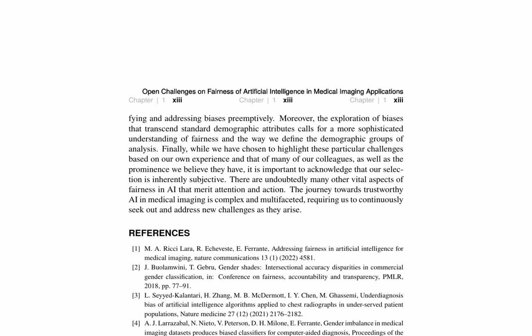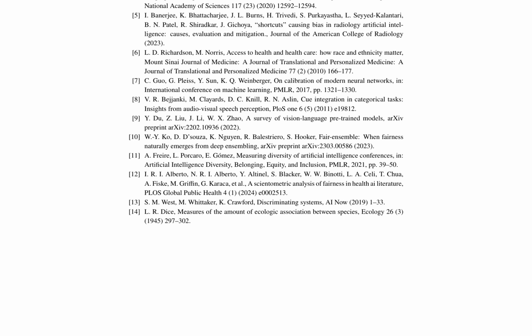The research paper discusses the open challenges on fairness in artificial intelligence (AI) applications in medical imaging. It highlights the need for a more sophisticated understanding of fairness, encompassing biases beyond standard demographic attributes. The authors emphasize the importance of addressing biases preemptively and exploring biases that transcend standard demographic attributes.